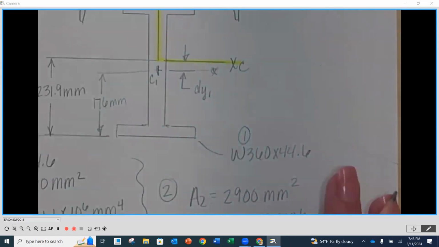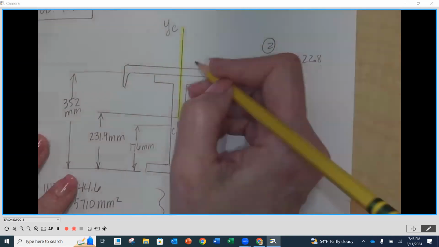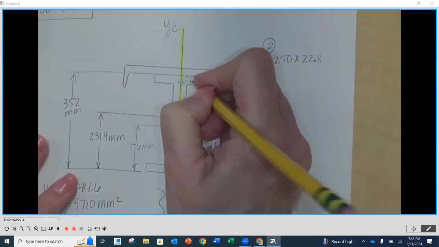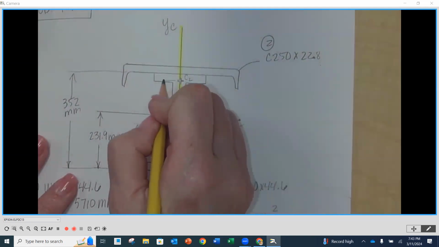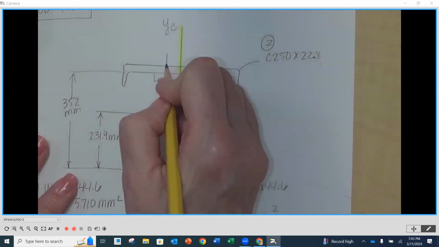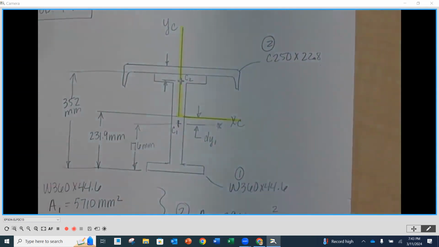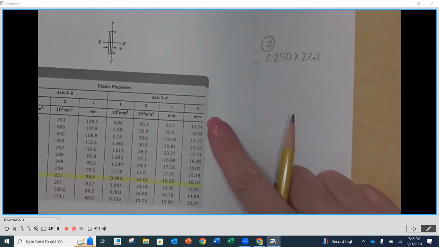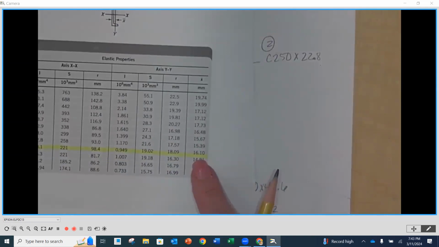So our centroid for shape number 2 is going to be right here. This is going to be C2, okay? So the dimension they're giving us is this dimension right here, from here to here. All right, that's their X bar. And that X bar distance is at the very end of this column. It's 16.1 millimeters, okay?